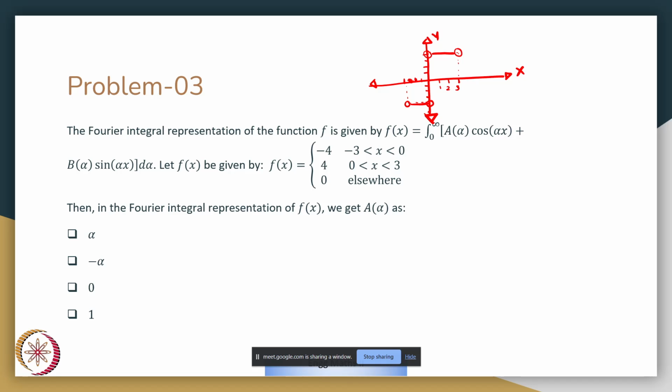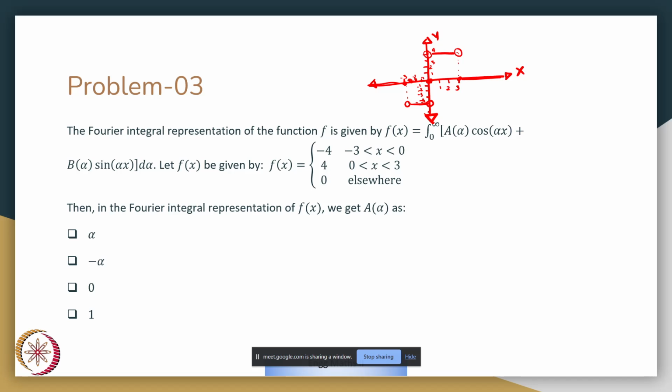Just label 1, 2, 3, minus 1, minus 2, minus 3, 1, 2, 3, 4, minus 1, minus 2, minus 3, and finally minus 4. And at all other regions, so that would include the point 0, the points 3 and minus 3, as well as the rest of the real line, f of x goes to 0.